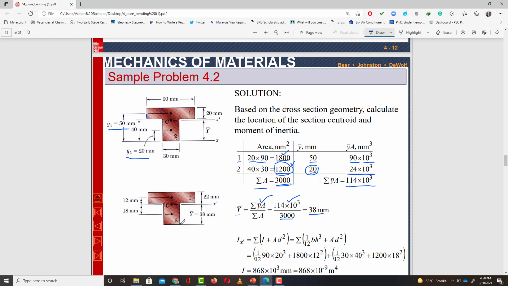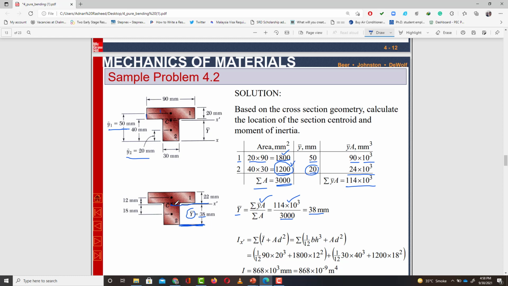It means that the centroid of this member is 38 millimeter away from this base line. So the centre will lie here. You can see this is y dash. It means the centroid of this member lies at a distance of 38 millimeter from this base line.